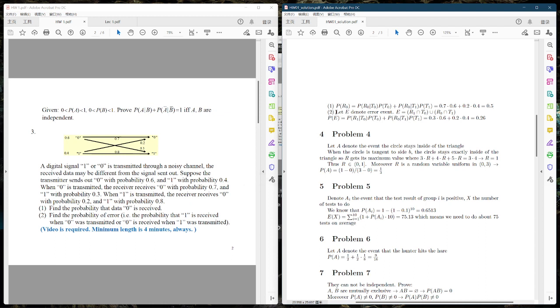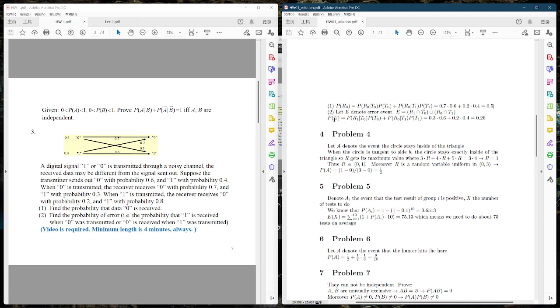So we let E denote the error event, and E is equal to the union of R1 intersect T0 and R0 intersect T1. That is to say, when 0 is transmitted and 1 is received, there's an error, and when 1 is transmitted and 0 is received, there is an error.